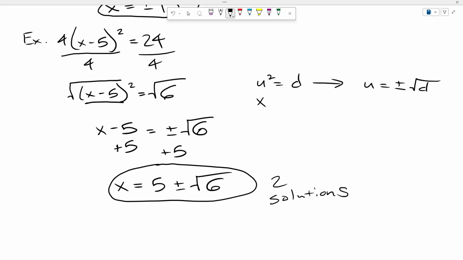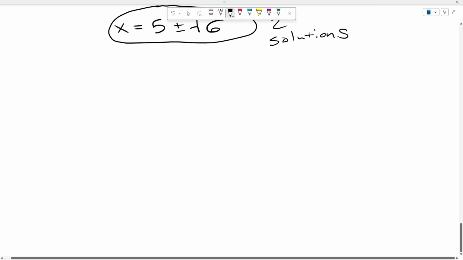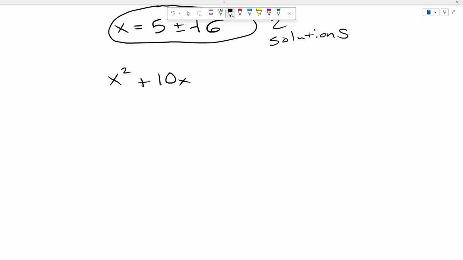All right, so that's using the square root property, and I think we're going to stop this lesson here. So far we've talked about what a quadratic equation is. Again, a second degree equation. All right, highest exponent is a 2.